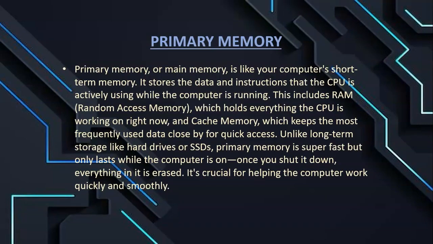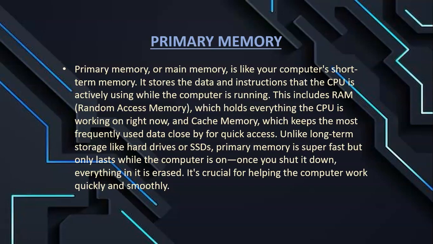Primary memory, or main memory, is like your computer's short-term memory. It stores the data and instructions that the CPU is actively using while the computer is running. This includes RAM, or random access memory, which holds everything the CPU is working on right now, and the cache memory, which keeps the most frequently used data close by for quick access.